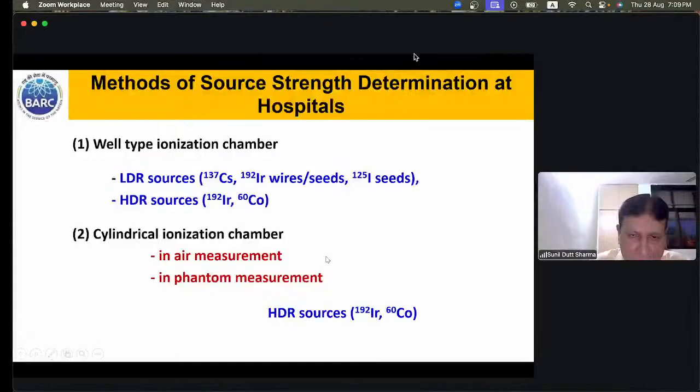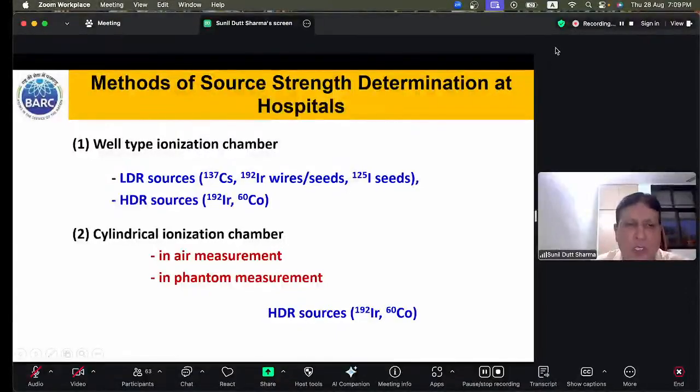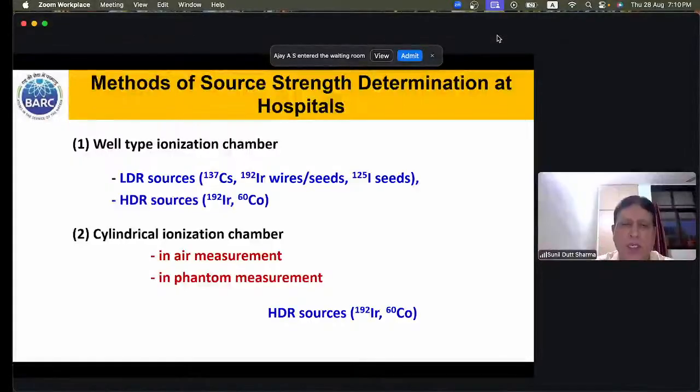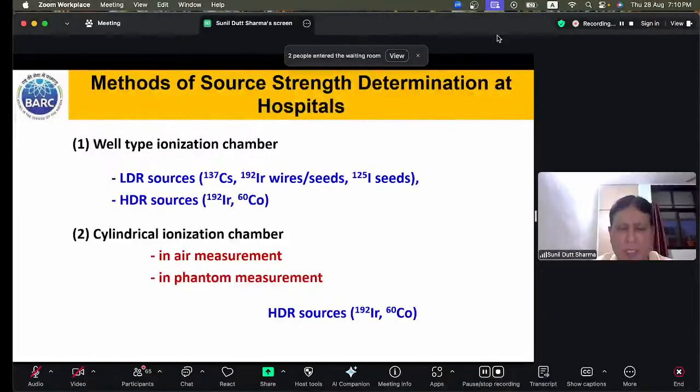Similarly, when a unified approach was not available, many of us were familiar with using a cylindrical ionization chamber, which is used for output measurement in teletherapy. The measurement method could be either placing the detector and the source in air with the help of some rigid placement device, that is a specified jig, or one can even go for in-phantom measurement.